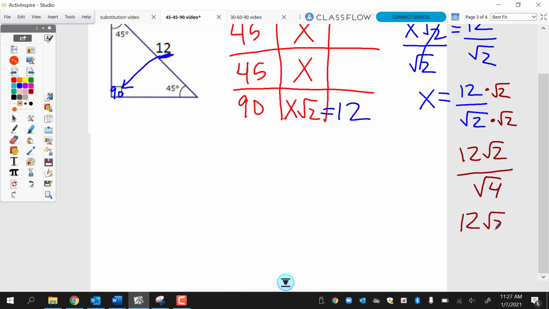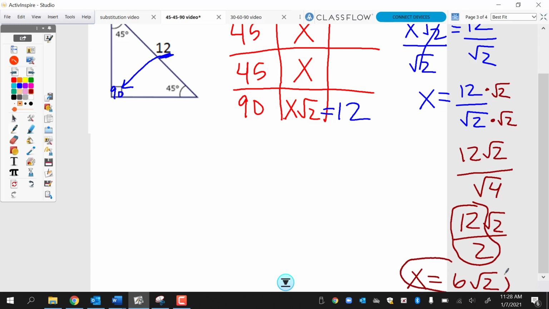So this is 12 square root of 2 over 2. And then I have to simplify the whole numbers. 12 divided by 2, does that turn into something else? Yes, it does. 12 divided by 2 is 6. Square root of 2. So I finally solved for x. X equals 6 square root of 2.